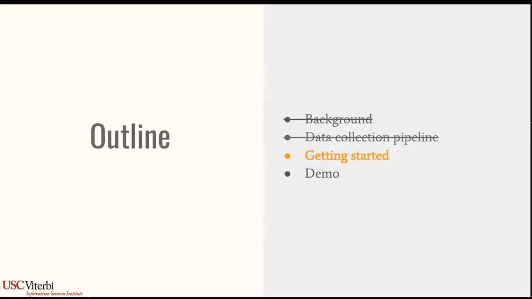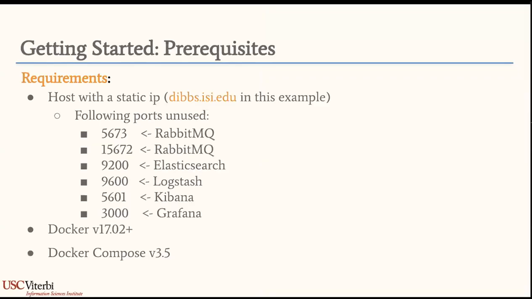Okay, so that pretty much covers the data collection and monitoring pipeline. Now I'm going to share with you how you can get started using this for your own work. So the first thing that you're going to need is a single host machine that has a static IP address. In this example, we'll assume this to be dibbs.isi.edu.